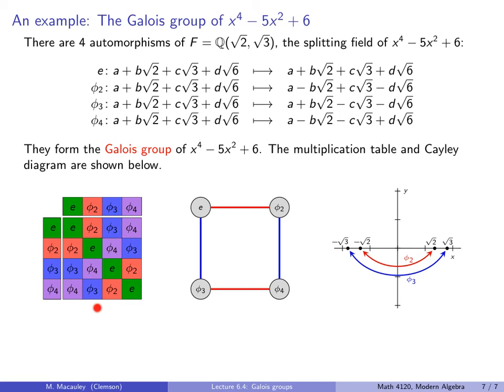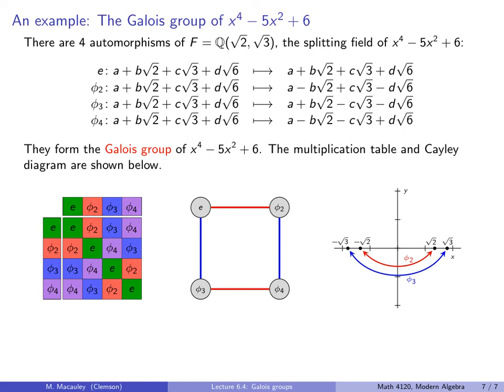So here's the multiplication table, here's the Cayley diagram, and here is a picture of the four roots of the polynomial in the complex plane with arrows showing what happens when you apply the automorphism phi2, which swaps root 2 and negative root 2, and phi3, which swaps root 3 and negative root 3. This is foreshadowing. This is what we will study in the next lecture. This is the action diagram of a group action.